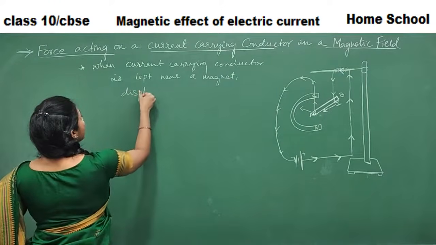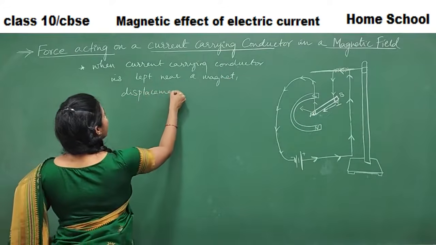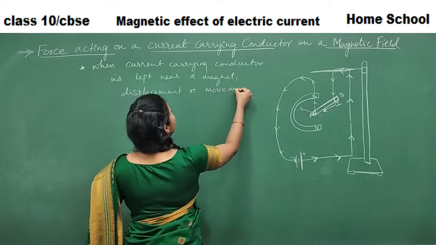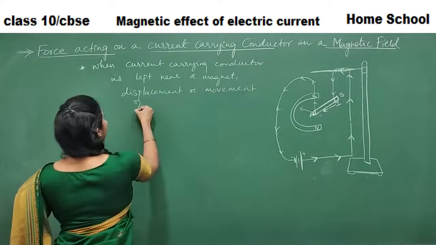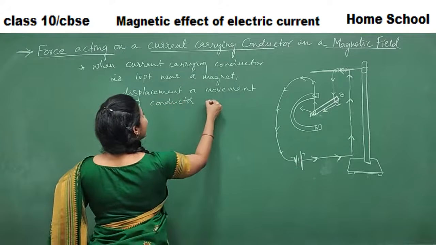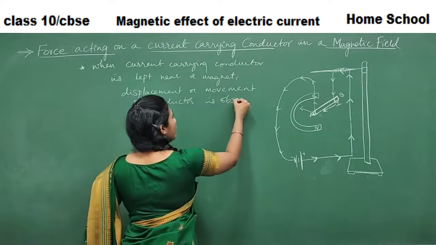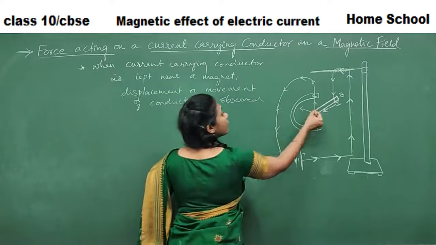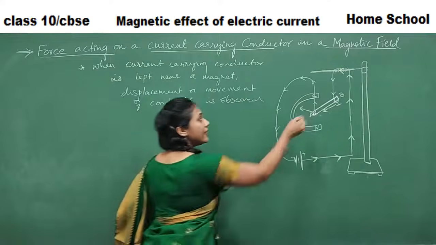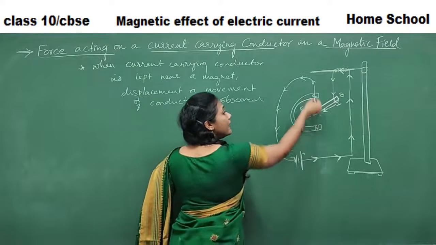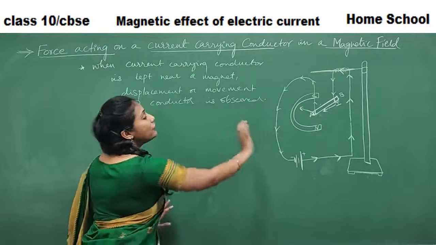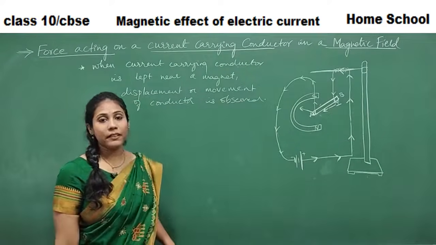Displacement or movement of the conductor is observed. Yes or no? The conductor suddenly moved. The aluminium rod suddenly moved when current was flowing and it was kept near a magnet. Right? So this is what was observed from this particular experiment.